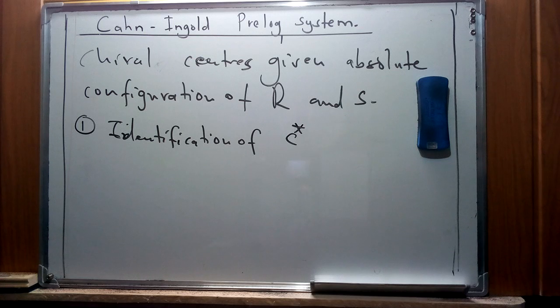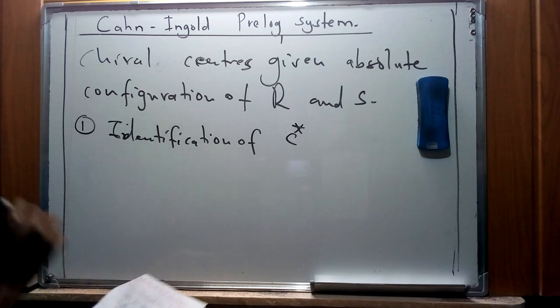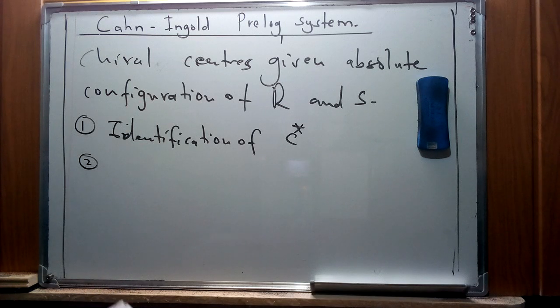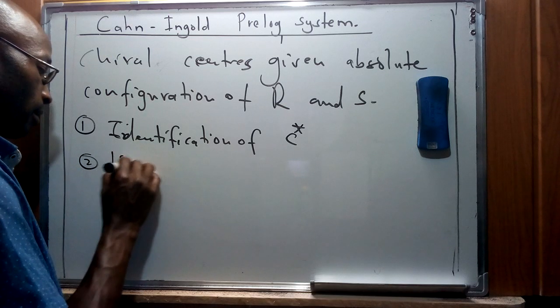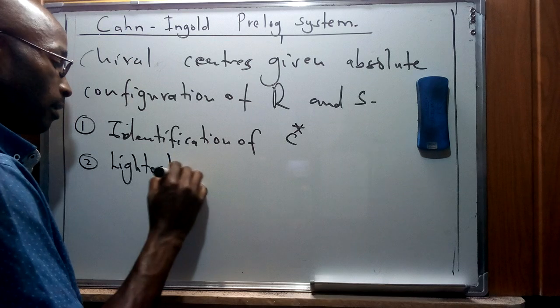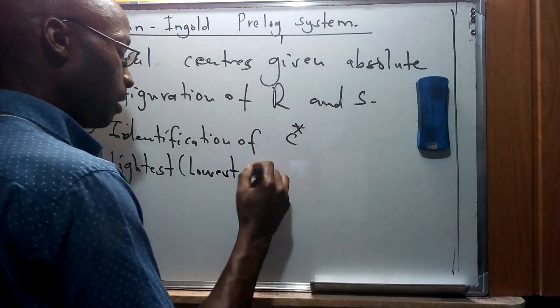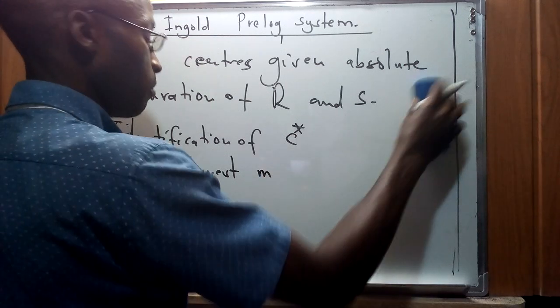And number 2, we're going to put the lightest group at the back, which is pointing away. So in this case, the lightest group is the group that consists of the lowest either atomic or molecular mass.